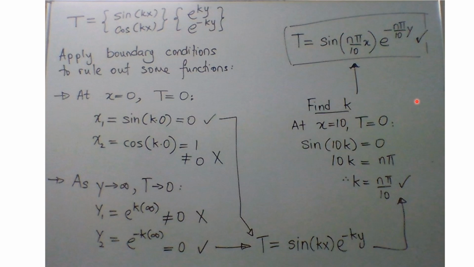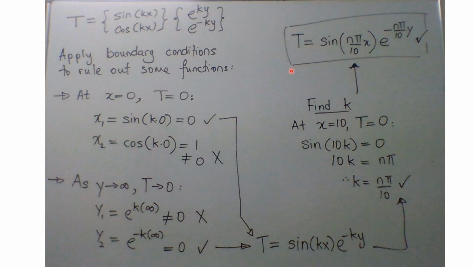But this is not the end, because if you look at this, there is one problem, that is when your y is equal to 0. When y is equal to 0, our temperature is going to be 100 degrees Celsius, right? But if you put in y equals 0 over here, you will see this is going to be equal to 1, and this is not equal to 100 as you wanted it to be.